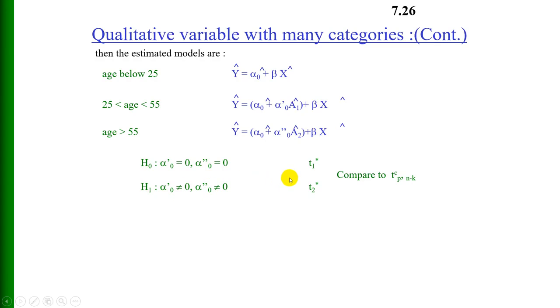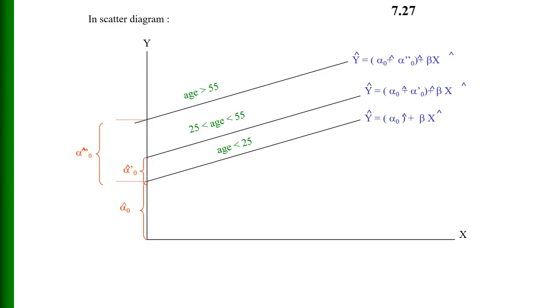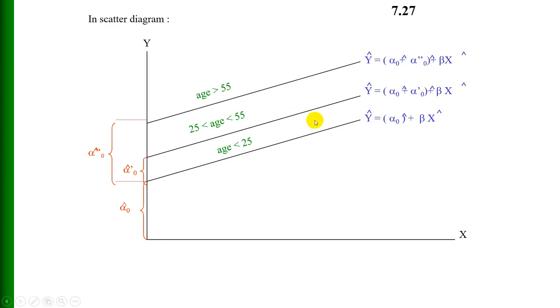If t calculated is greater than t tabulated, then we will reject this null hypothesis. Otherwise we will fail to reject this null hypothesis. Now these are the regression lines of these three different categories. This is for age below 25, this is for age between 25 and 55, and this is for age greater than 55. You see the only difference is in the intercept of the constant.